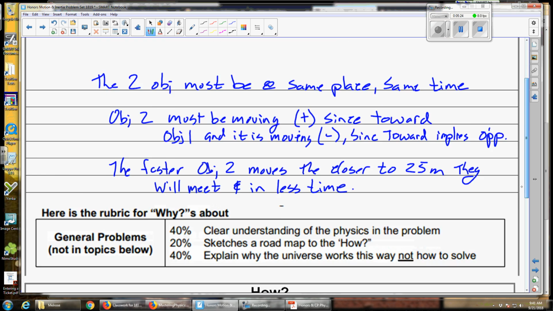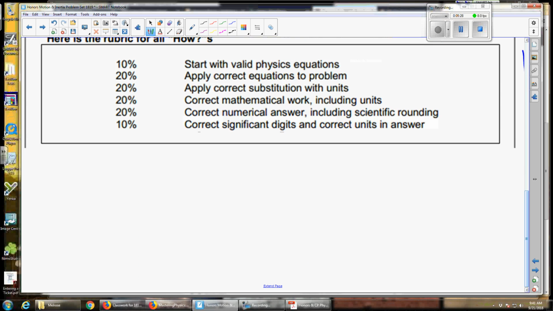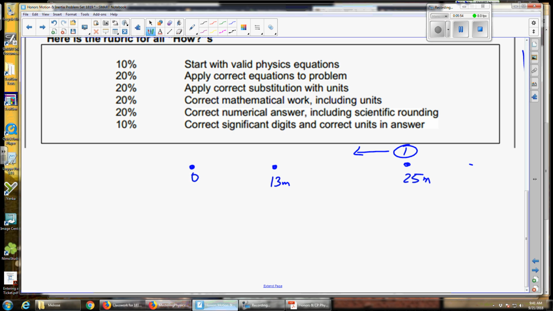Okay. Let's go on to the how then. I think I need a diagram to help me out. So I'm going to say 0 is here, 25 is here, 13 meters is here. Here's object 1. It's moving this way at 5.4. Is it okay? I took this direction as positive. Is that okay with everybody?